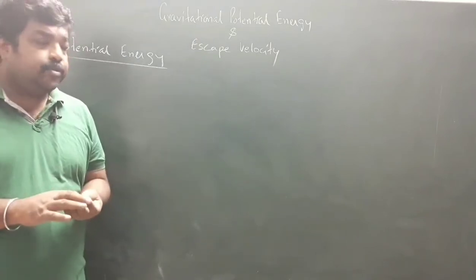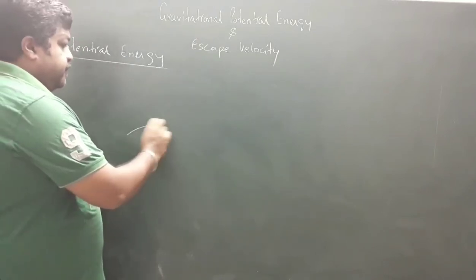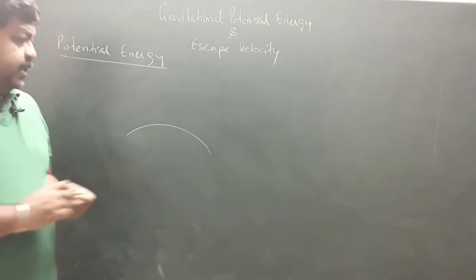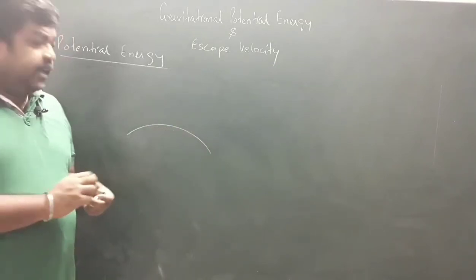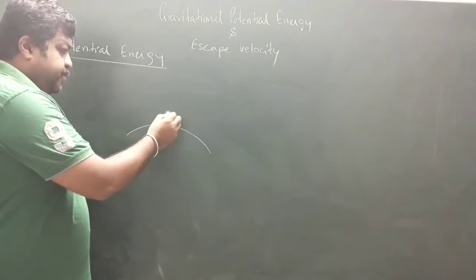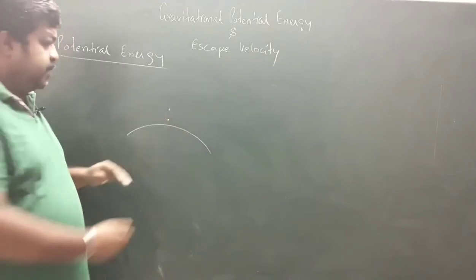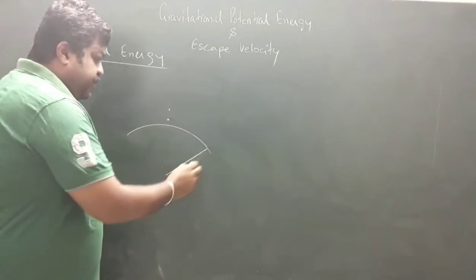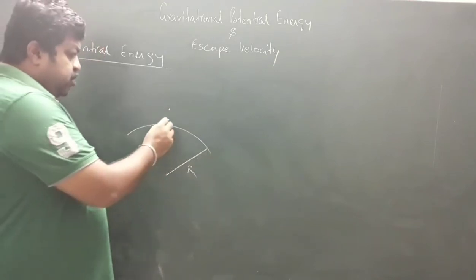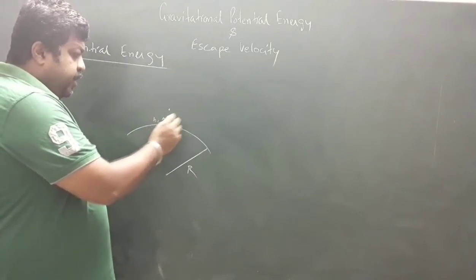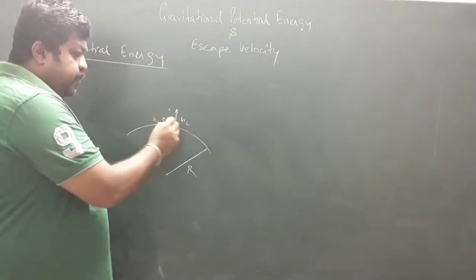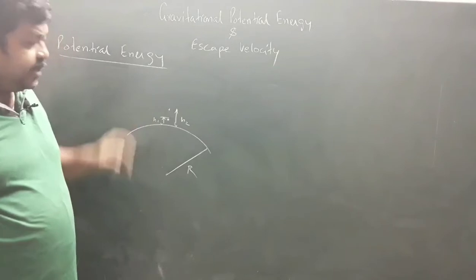Now suppose you have the earth, and this is the surface of the earth. Suppose we take 2 points close to the surface, where the radius of the earth is r. These 2 points are at heights h1 and h2. This is at height h1, this is at height h2.